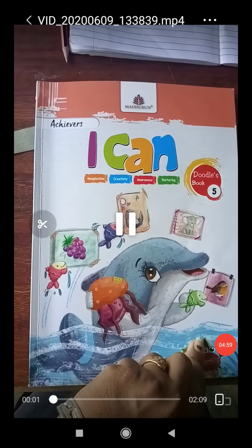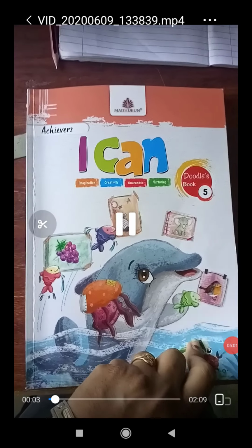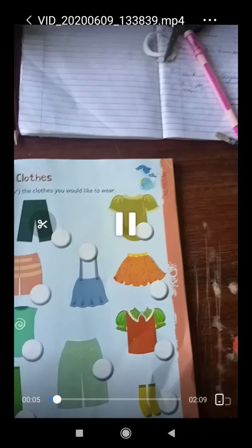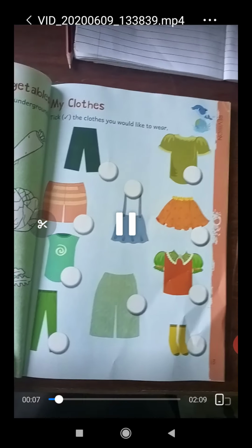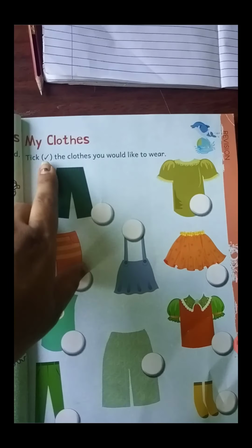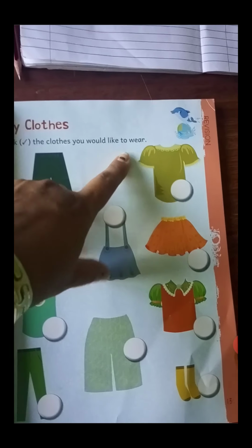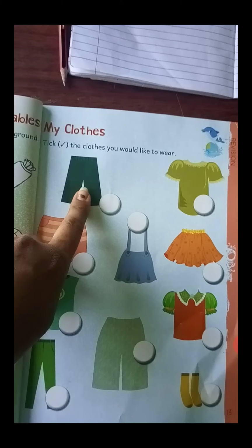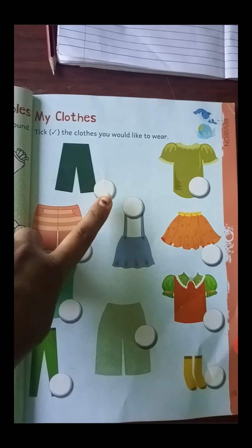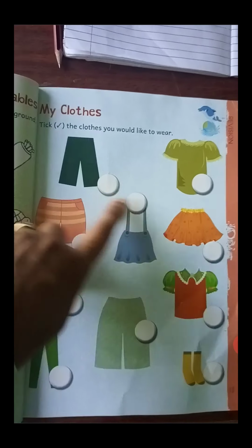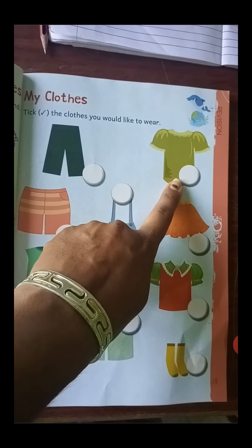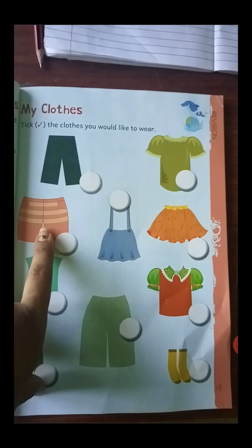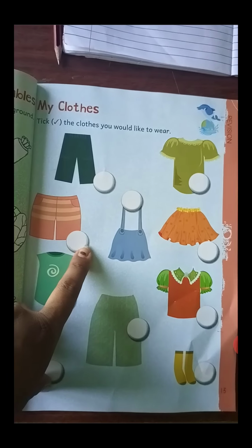Students, open your book, I Can Achieve 5. Open page number 13. Here, students, you will tick the clothes you would like to wear. If you like trouser, you tick here. If you like top, you tick here. If you like shorts, you tick here.